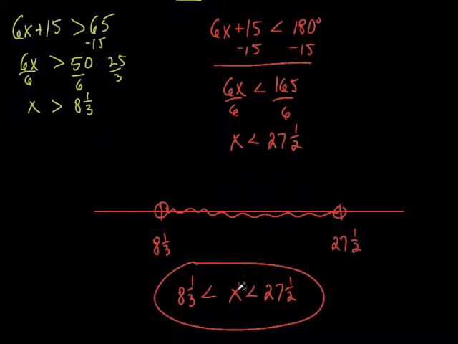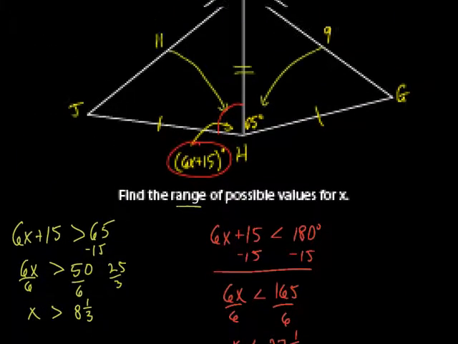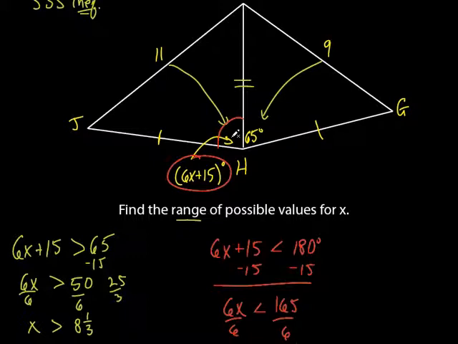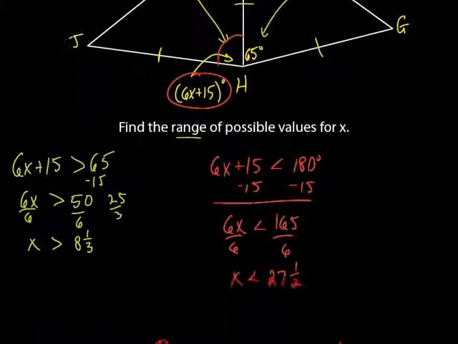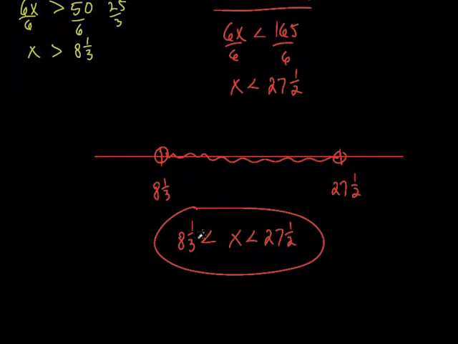It can be any number between 8 and a third and 27 and a half. If I pick a number smaller than 8 and a third, this won't work. If I pick a number bigger than 27 and a half, this won't work either. It can be any number in between 8 and a third and 27 and a half.